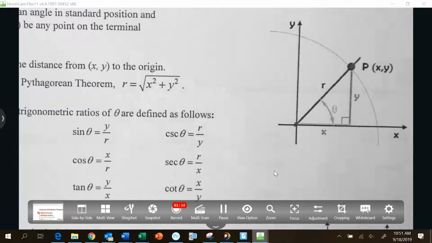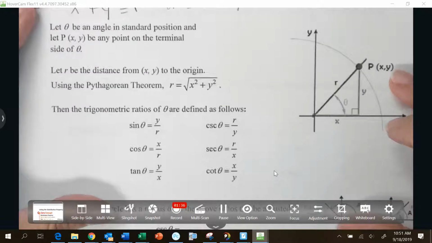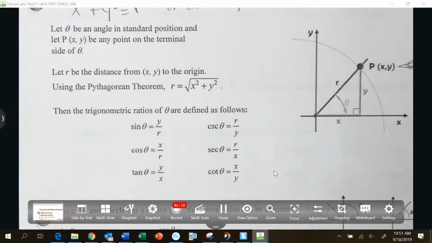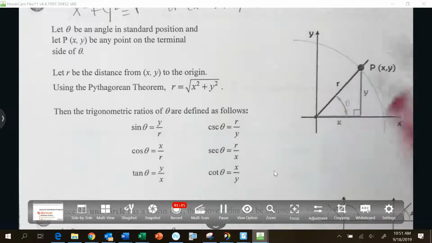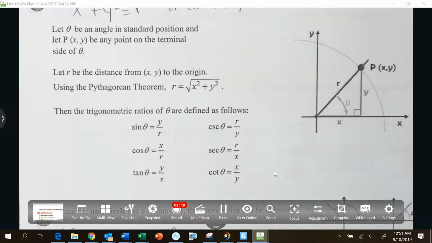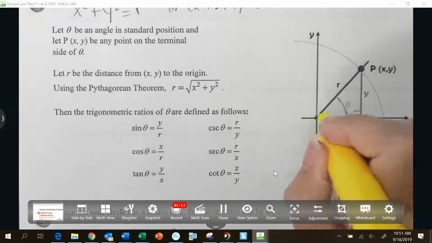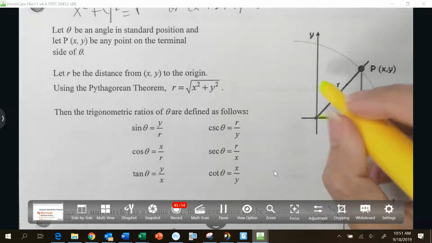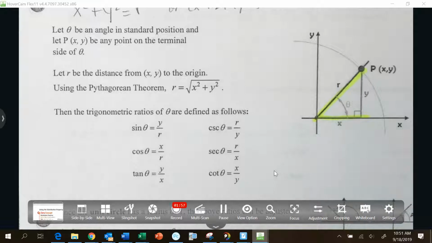Theta is going to be an angle in standard position, and then there's a point, xy, somewhere on the circle. And that xy point is where your terminal side of the angle goes. So we have our initial side here, and we have our terminal side here.